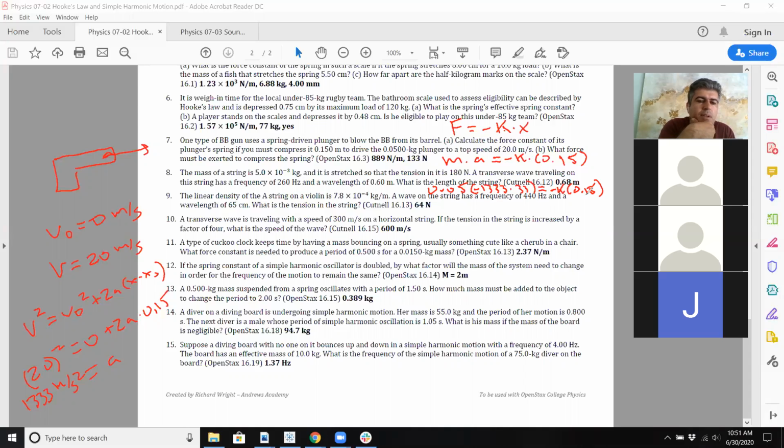Let me think here. 20 squared is 400. Yeah, I'm not 100% sure. I'm off exactly by a factor of 2. If anyone can identify what I may have done wrong.